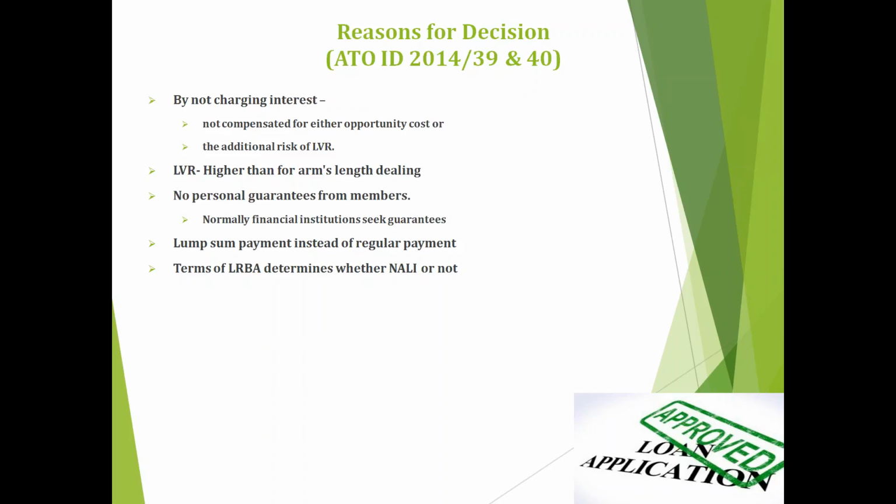Here the ATO does confirm that not all related party LRBs give rise to NALI. The ATO is likely to apply scrutiny to related party LRBs where the terms of the loan, taken together, and the ongoing operation of the loan are not consistent with what an arm's length lender would accept in relation to the particular borrowing by the fund trustee.